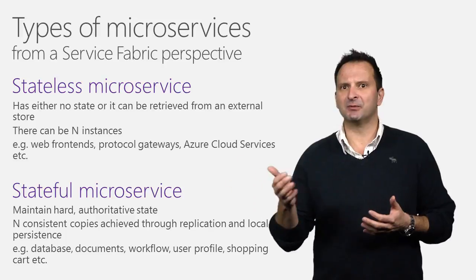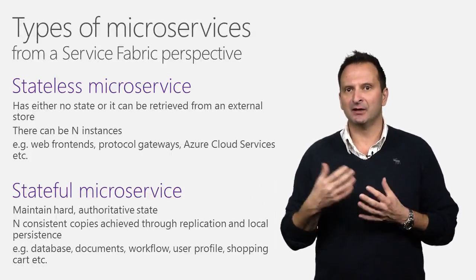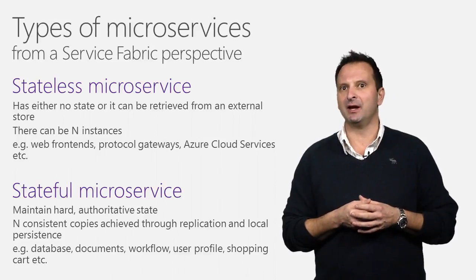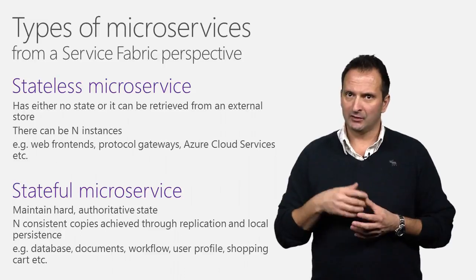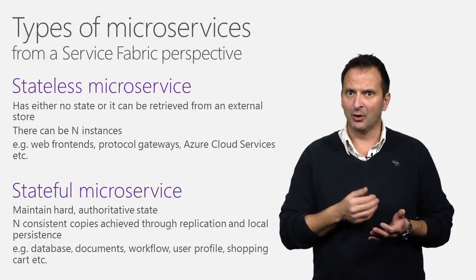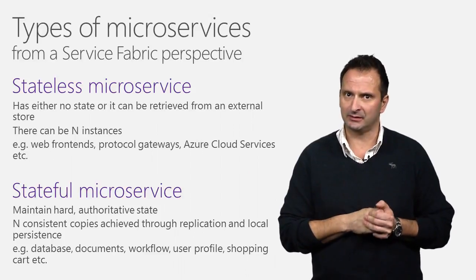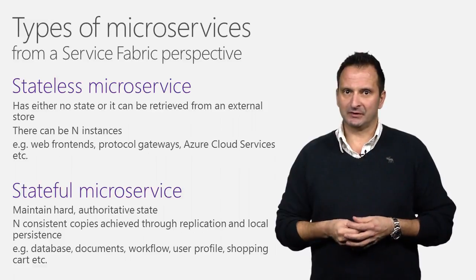So you try to keep the state outside the service itself. The state is probably stored in a cache, it might be stored in a database, and so on. The goal of a stateless service is that you can basically scale out and no state is impacted. We also offer what we call a stateful service.